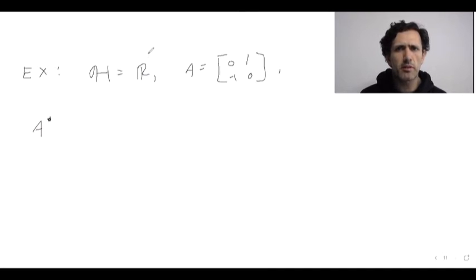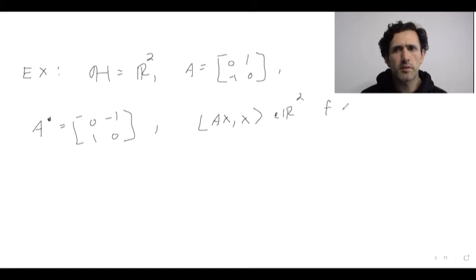As an operator on R2, the adjoint is just (0, -1; 1, 0), the transpose. As I mentioned, all inner products are real, so for any x in R2, <Ax,x> is real. And yet A star is not equal to A. So A is not self-adjoint.